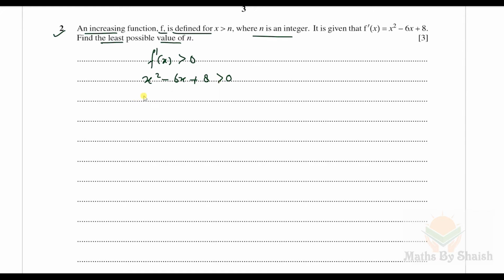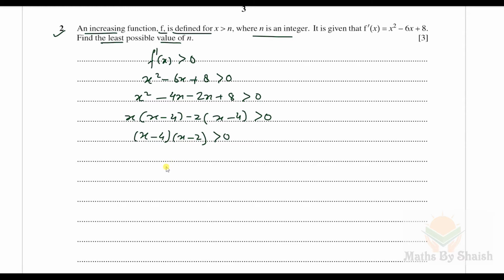And then we'll simplify it, we'll factorize it, and it is going to be x square minus 4x minus 2x plus 8 greater than 0, or we can say x common, x minus 4, minus 2 common, x minus 4, greater than 0, or we'll write (x minus 4) into (x minus 2) greater than 0.